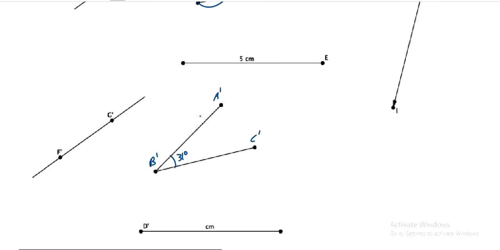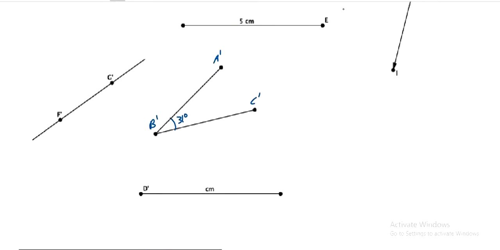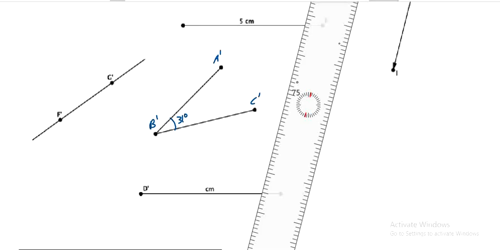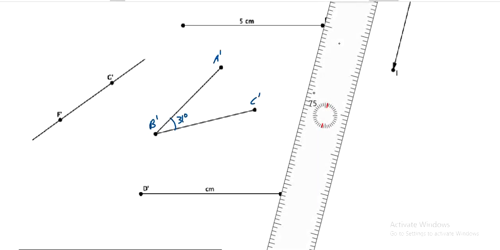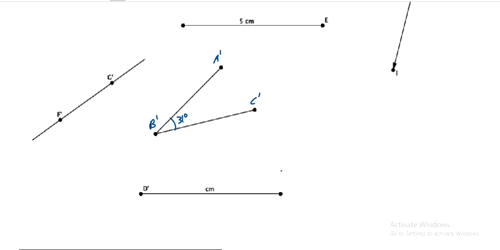All right, one more object. Right here, we have E. If I line that up, 10, 20, 30, 40, 41, 42, 43 dashes away at 75 degrees means this point right here must be E prime.